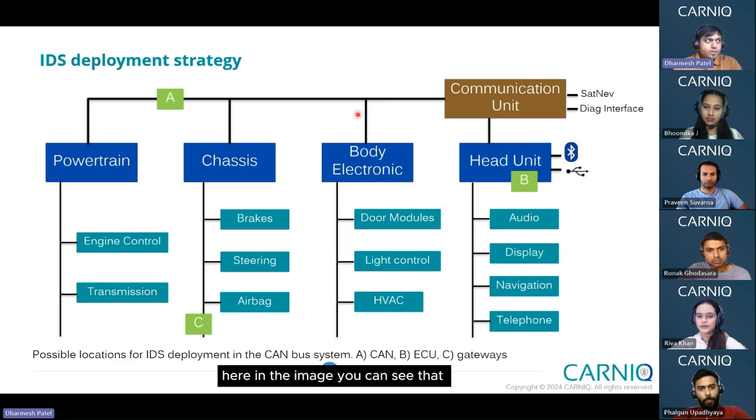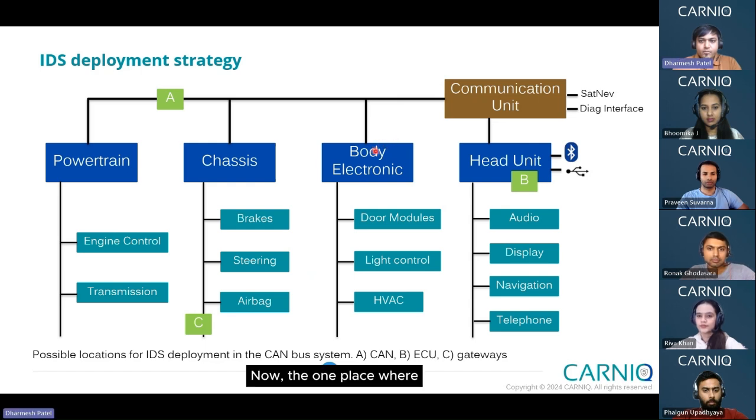Here in the image, you can see the most popular places where the IDS can be deployed on the CAN network. As we know, the CAN network follows a node bus topology where various ECUs are connected in a series to each other.